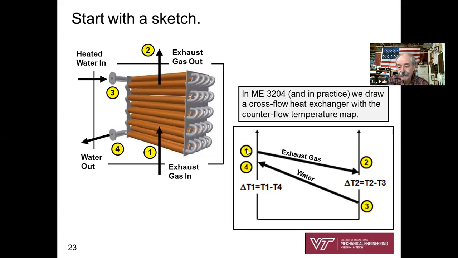So we've got T1 to T2, exhaust gas getting cooler, and T3 to T4, water getting hotter. Okay, so delta T at state 1 early on up here is T1 minus T4, and delta T here is T2 minus T3. There's our temperature map. So we're going to study two situations.